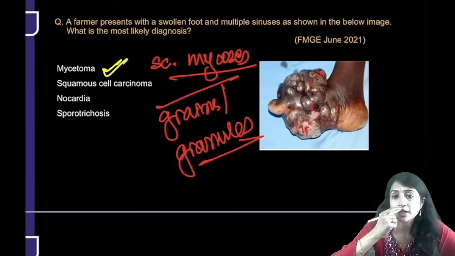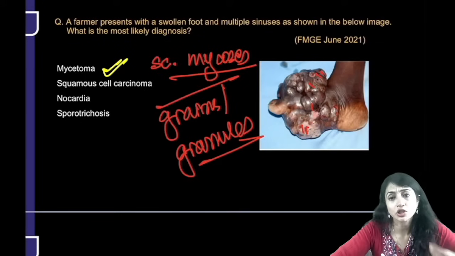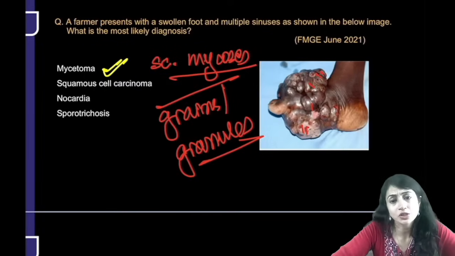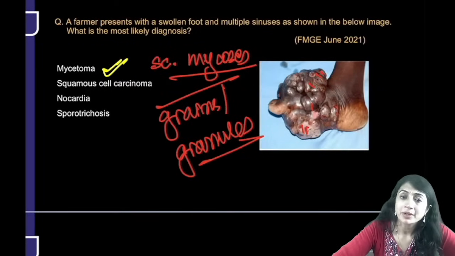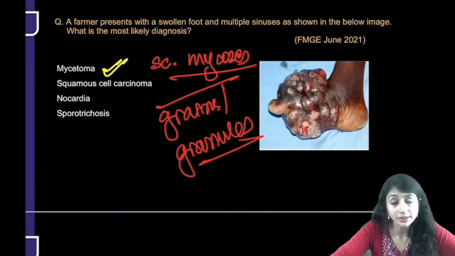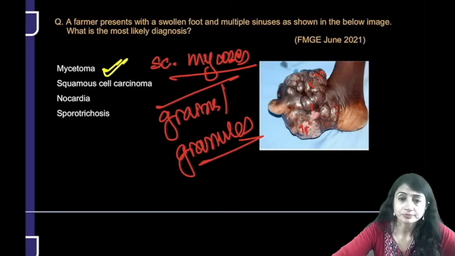It presents with painless swelling and is very common in farmers. Mycetoma can be caused by fungus, when it is called eumycetoma, or it can also be caused by bacteria, when it is called actinomycetoma.